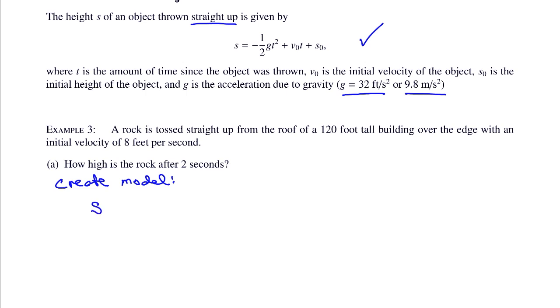So we have s is equal to negative 1/2. We notice that the units used in this problem are feet and seconds, so for g, we'll use 32 feet per second squared.